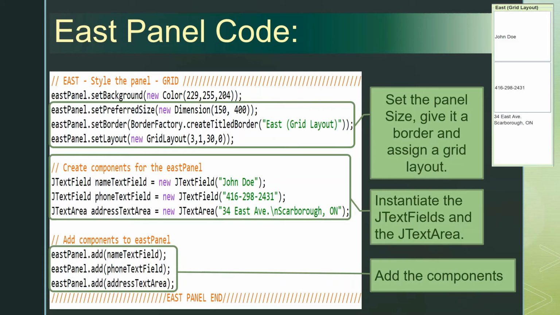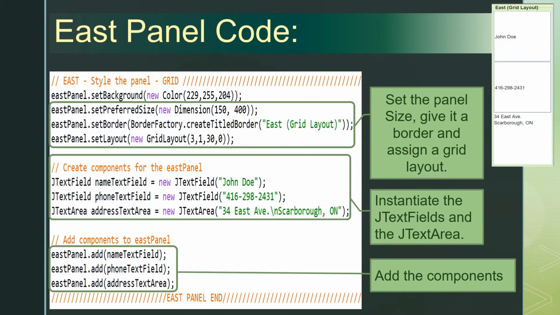It's also a grid layout, 3 rows, 1 column. I'm putting in space, but the 30 is kind of meaningless because there isn't another column. So there's a 0 between the rows, so there's no space really between each of the components.